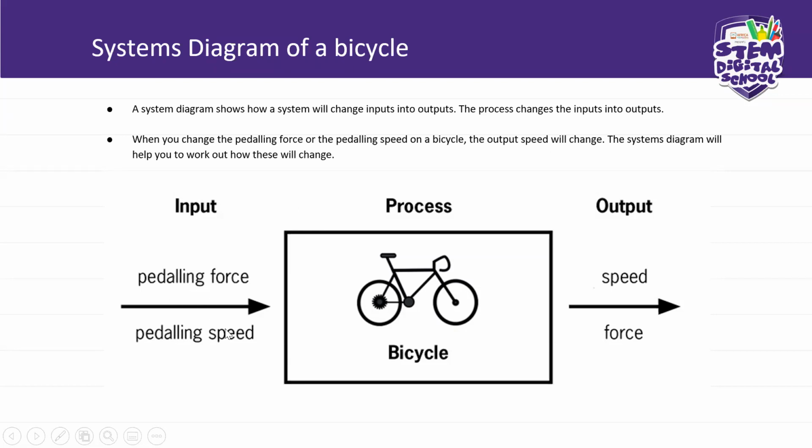The process is how the movement of the gear, the force is transferred from the gear to the chain. And then you get circular movement converted into linear movement. The output is speed or force.